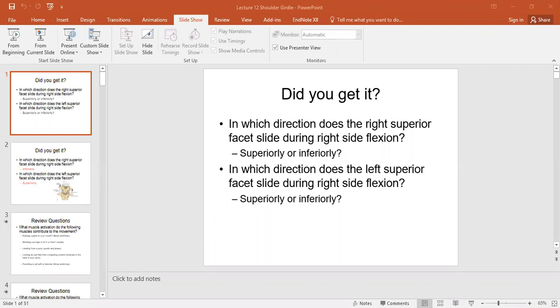And you can see their line of pull there. If they all activate with no help from anybody else, what other motion are you going to see occur at the scapula? Downward rotation. They're all oriented on the medial aspect. So if nothing else helps out, you're going to see downward rotation.